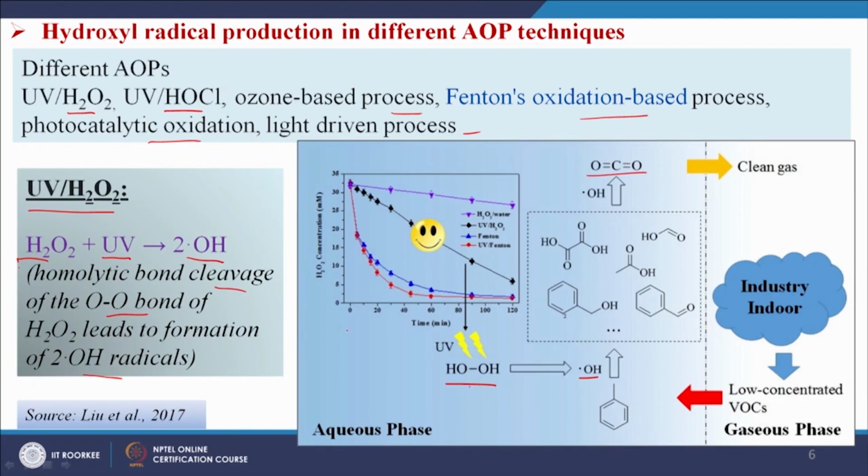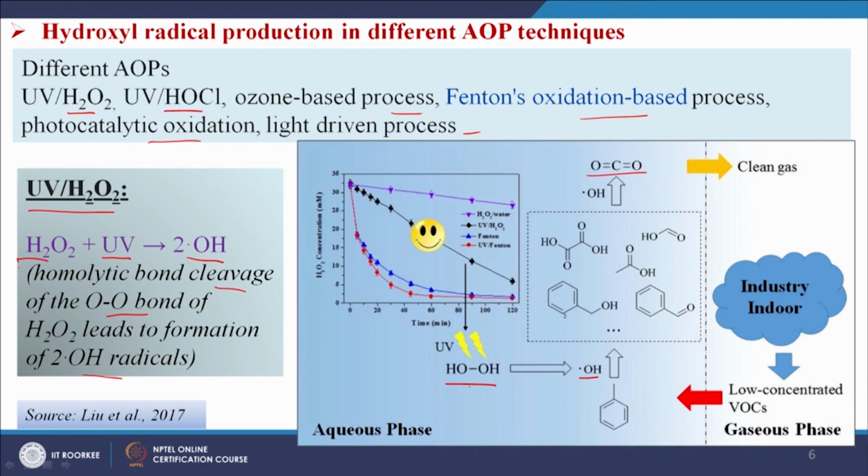Here this graph also shows H2O2 concentration in millimole for different types of systems where H2O2 and UV are available. Like H2O2 water system, where UV is not available; UV H2O2, where UV and H2O2 both are available; Fenton, no UV; and UV Fenton, where Fenton is also available and UV is also available. If only H2O2 and water is there, then the H2O2 concentration remains this much.